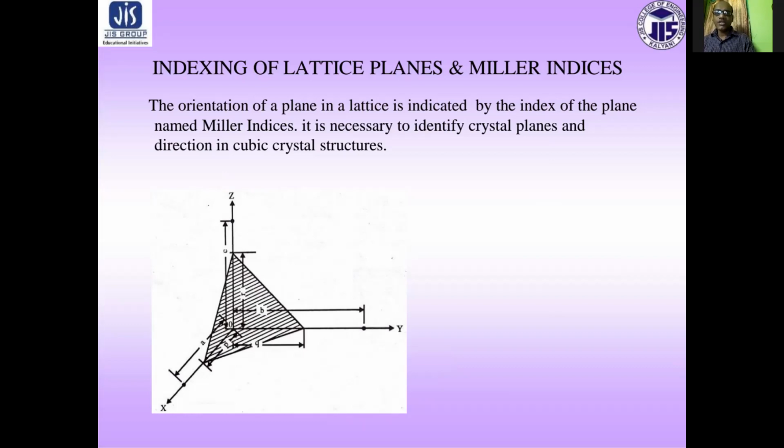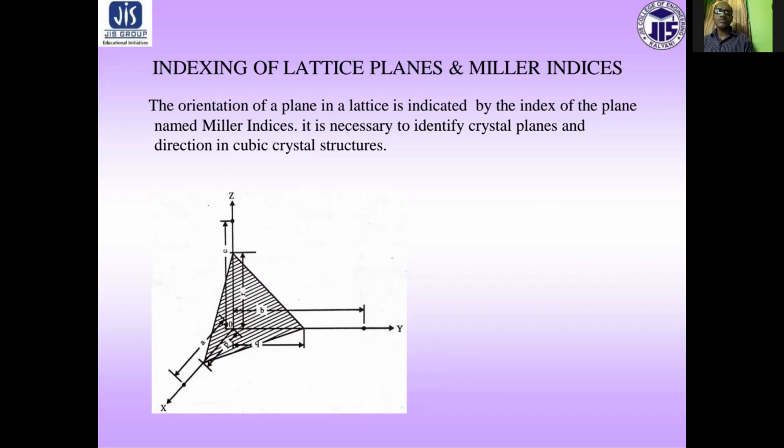This multiplication by the same number to all intercepts or reciprocals of the intercepts does not change the orientation of the plane. The numbers for the planes are then enclosed in brackets, which is called parentheses.